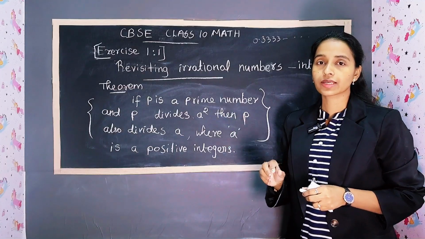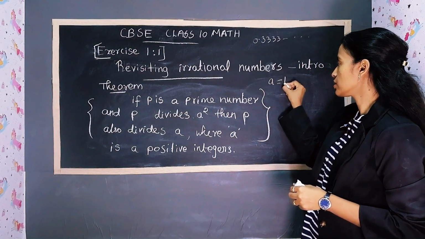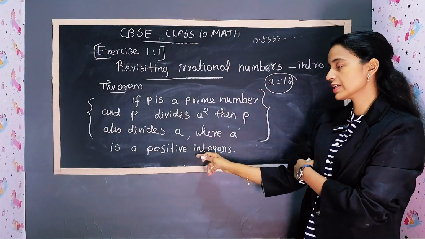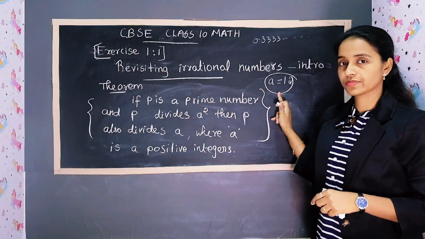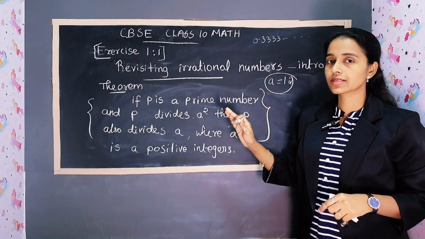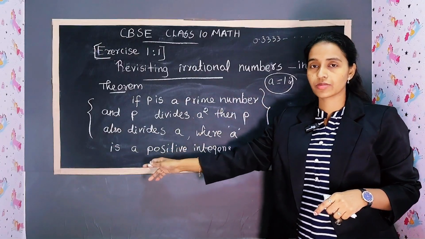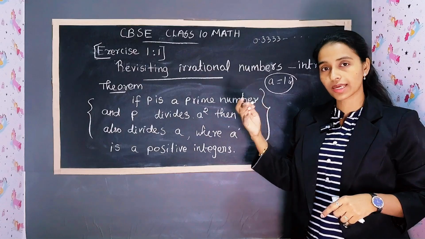Let me explain with the example. For example, I am taking a equal 12. This a is a positive integer, right? We can take any number. I am taking 12. You can represent this 12 with any letter. I am taking a here. Don't confuse, you can take any number.